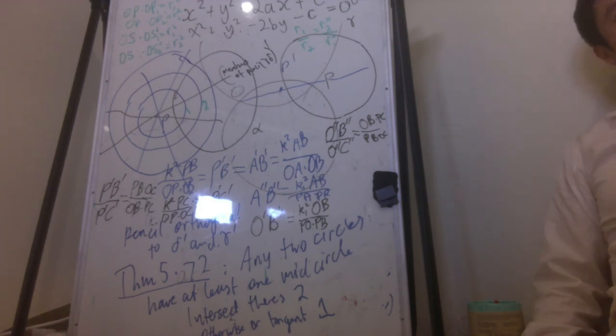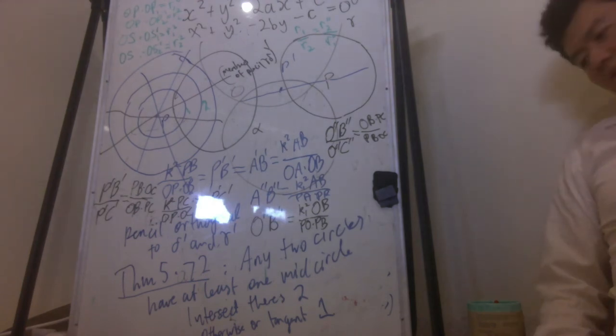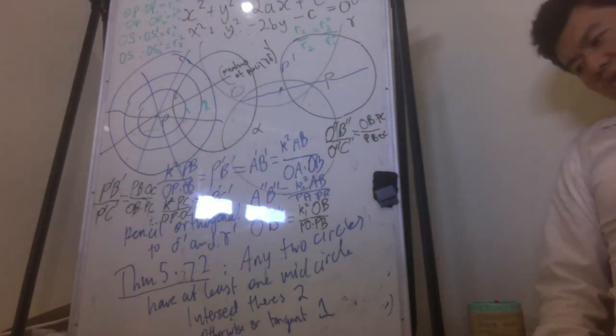They're equivalent. Alright, so any two circles have at least one mid-circle.